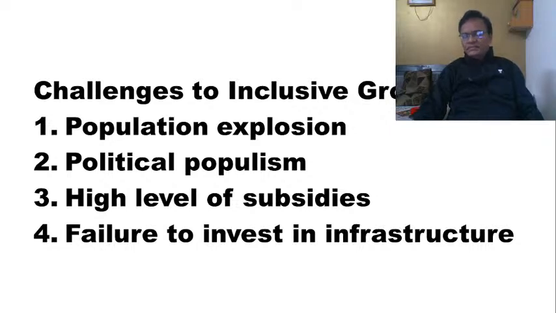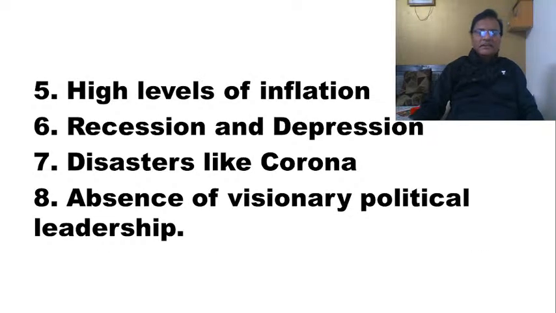So when there is no investment by the government in infrastructure, what happens? Automatically, people will always be poor. And since people are poor, the government will give them subsidies. Since the government is giving them subsidies, they will always be poor. This is what we call being caught in the vicious cycle of poverty.